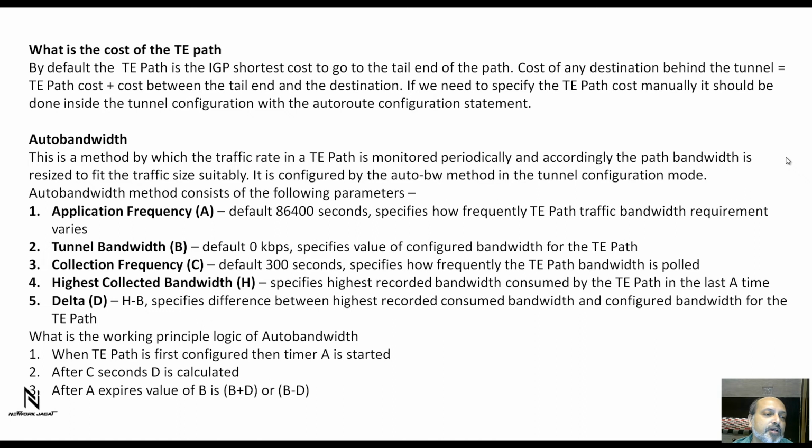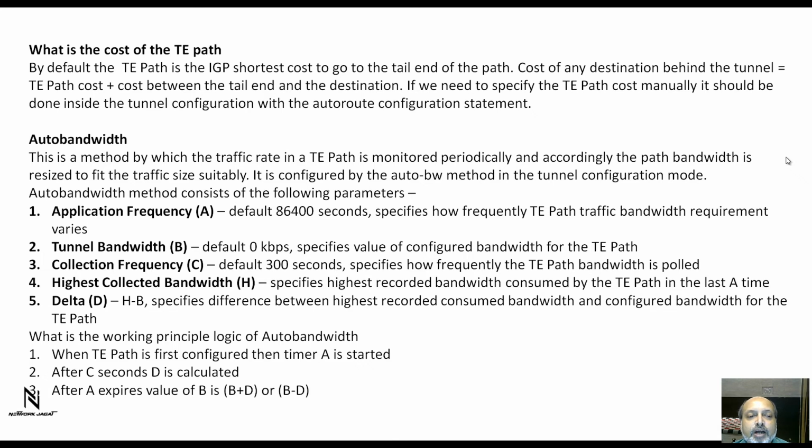Right. So, how frequently does the traffic bandwidth requirement vary? Right now, I am having a bandwidth requirement of say 150 Mbps. Then after say 1 minute, I have a traffic bandwidth requirement of only 75 Mbps. Then again after 1 minute, I have a traffic bandwidth requirement of say 100 Mbps.